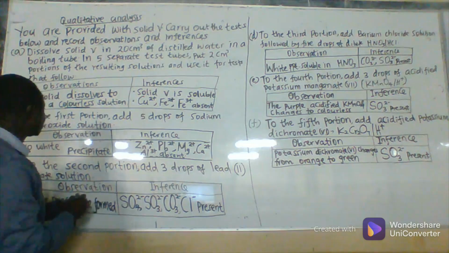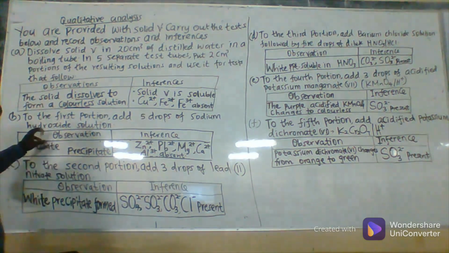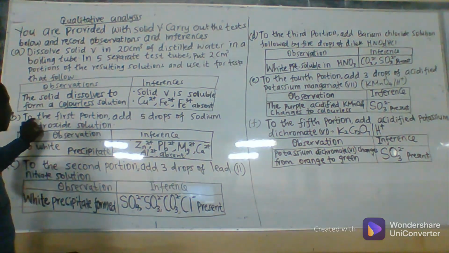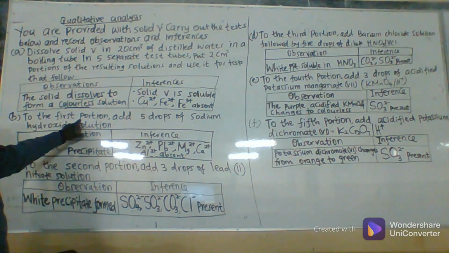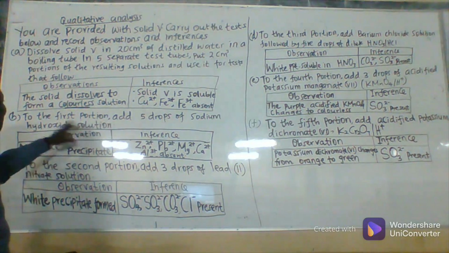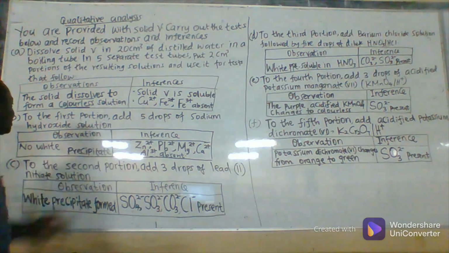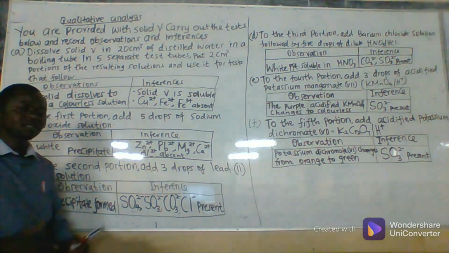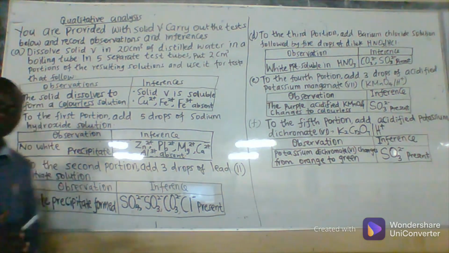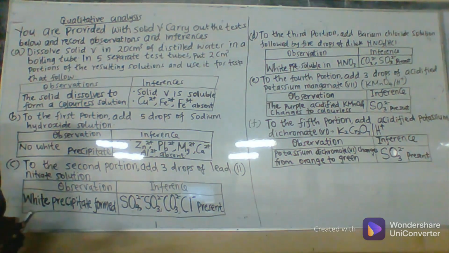Now, the students of that year were told to do this in the second portion: add 5 drops of sodium hydroxide solution. And they did. Students should know that whenever you add sodium hydroxide solution to a substance, you expect formation of a white precipitate or no white precipitate.